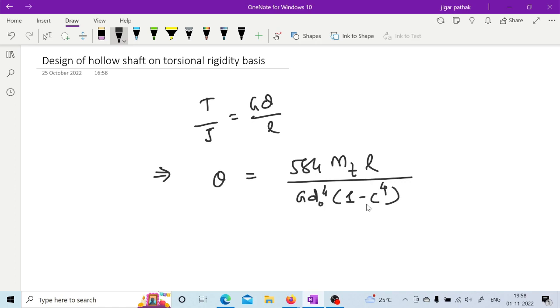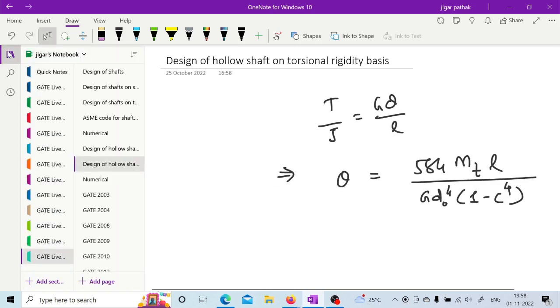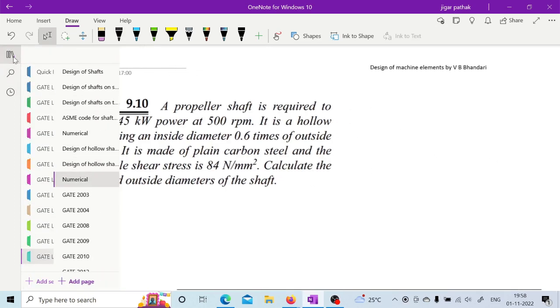So this is how you have your different relations, or different design equations. Once you are done with this, then you can solve this numerical, I guess.